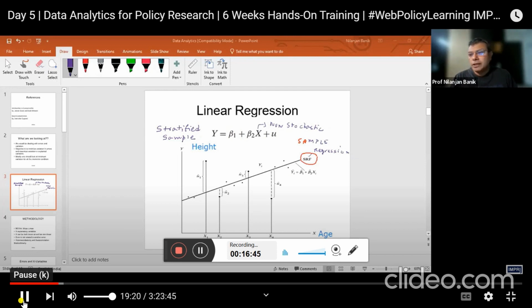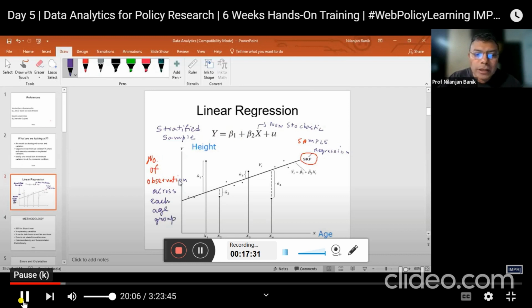Stratification basically is telling me the number of observations across each age group.